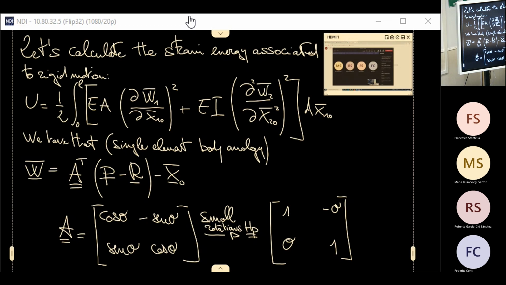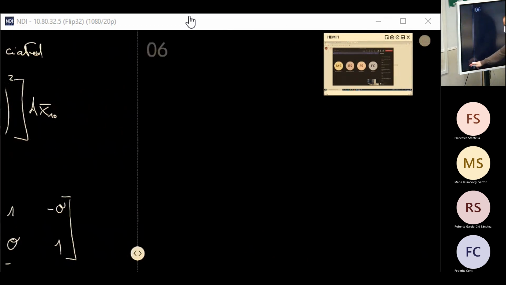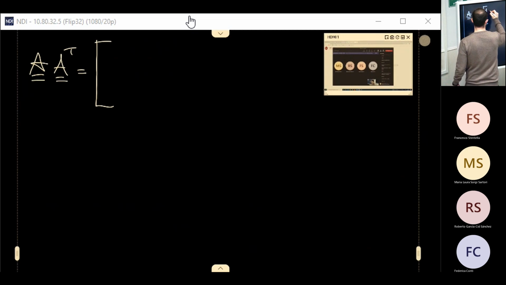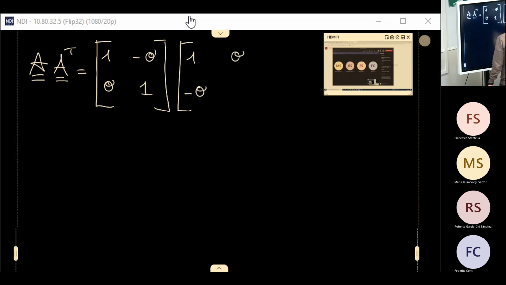It's not super evident to see like this, but let's do it. If you do A applied over A transposed, let's see what we get. 1 minus theta, theta 1 applied over 1 theta minus theta 1.